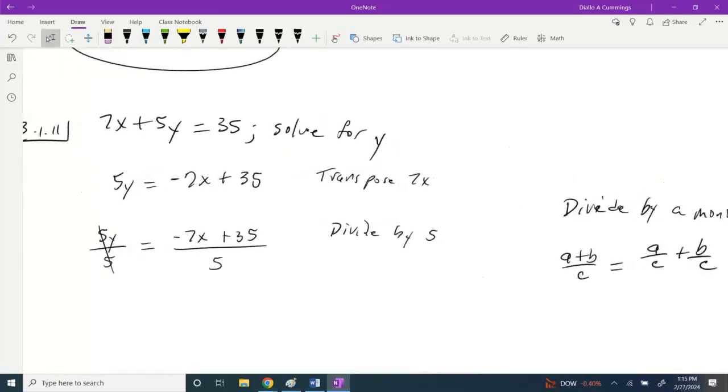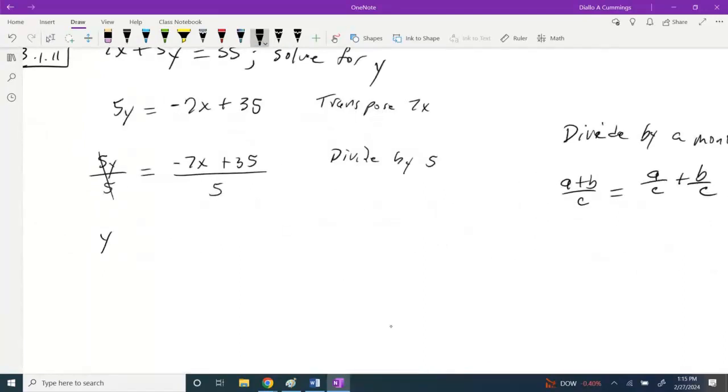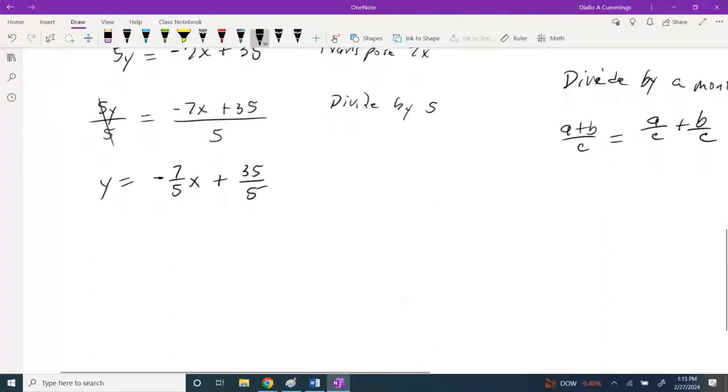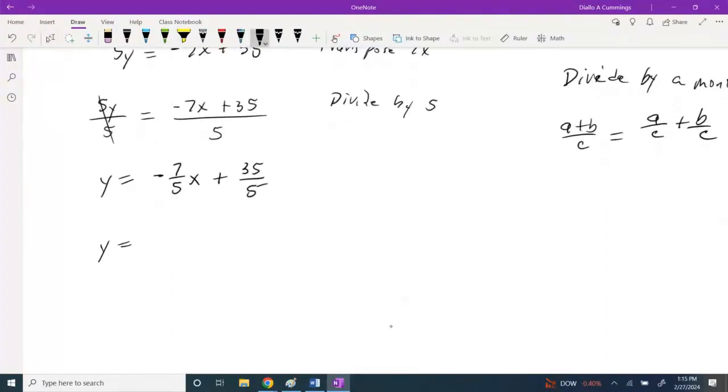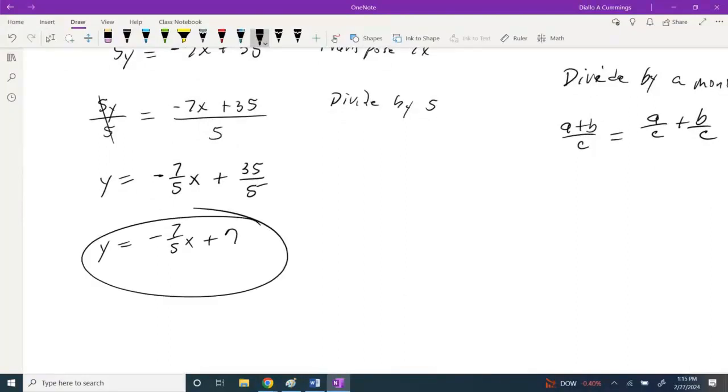So if I apply that to this problem, on the left-hand side we have y. That's equal to negative 7/5 x plus 35 over 5. So reducing that 35 over 5 is negative 7/5 x plus 7.